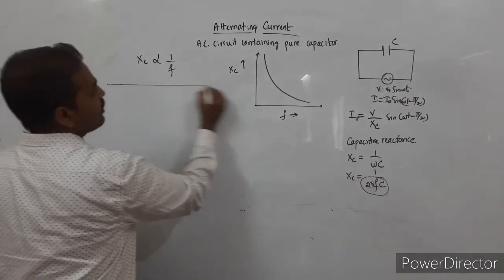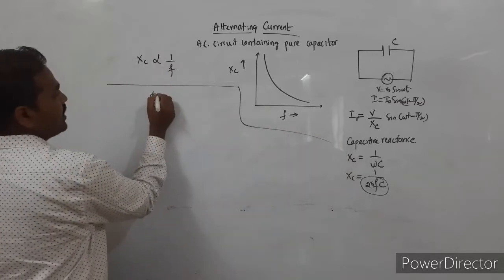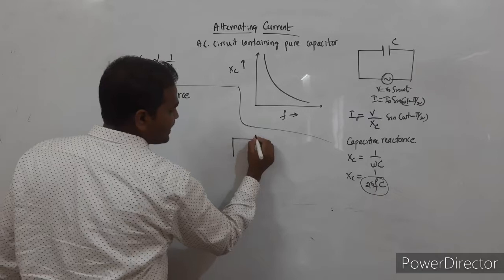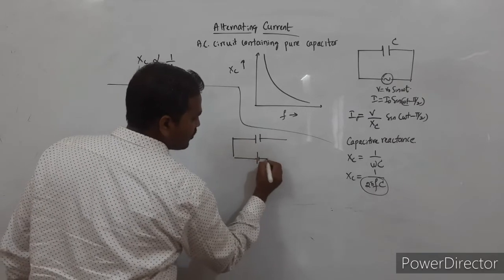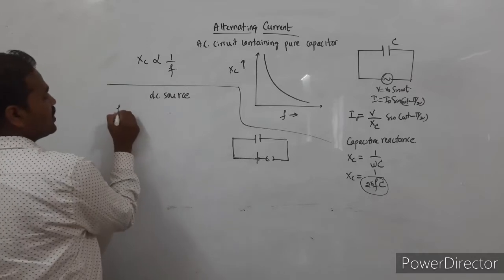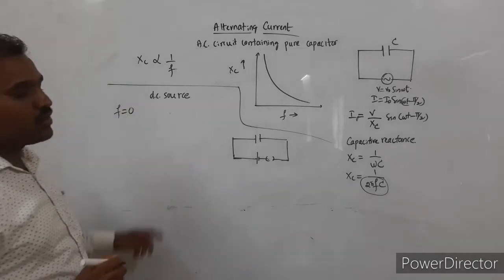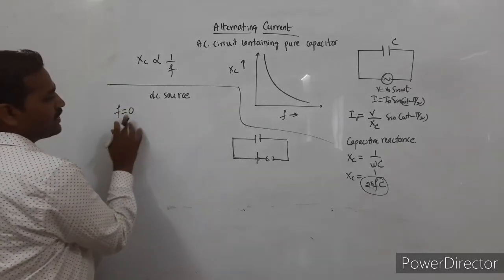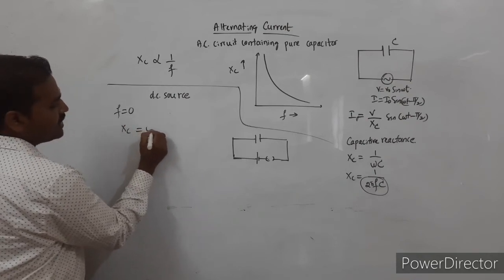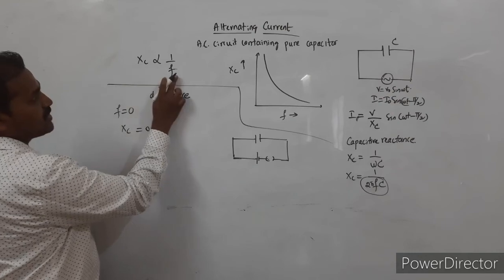What happens for a DC source? If the same capacitor is connected to a DC source of potential difference like this, for a DC source the frequency is equal to 0. We don't have any frequency here. f is equal to 0. Hence, XC will be infinity because it is inversely proportional to frequency.